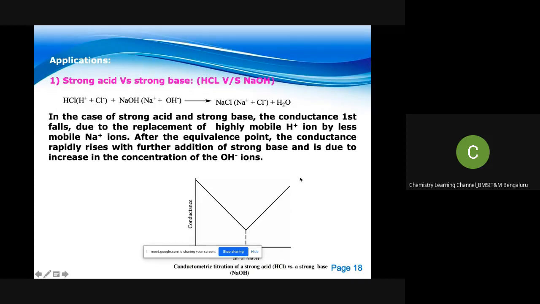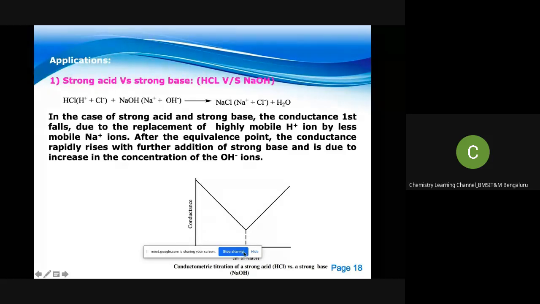So the conductivity value will go on increasing due to the excess of the NaOH added. That is due to the increase in the number of OH- ions which are introduced into the beaker. And this point where we are observing this sharp V is the end point of the reaction. That is, complete neutralization took place. So this is the equivalence point.